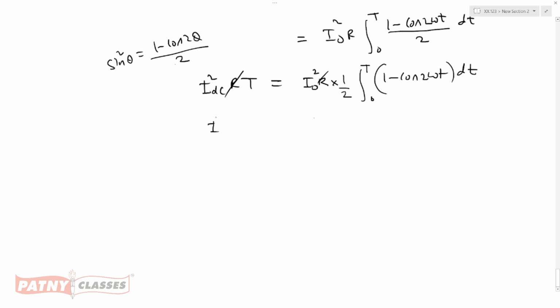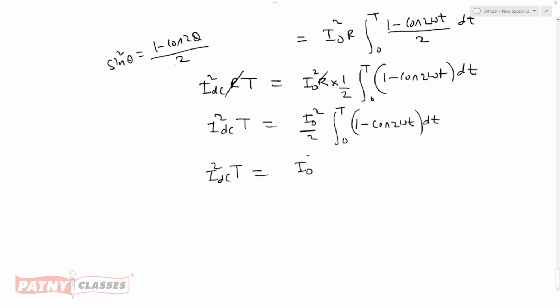So we have I dc square multiplied by T equals I naught square upon 2 and integration from 0 to T of 1 minus cos 2 omega t with respect to t.